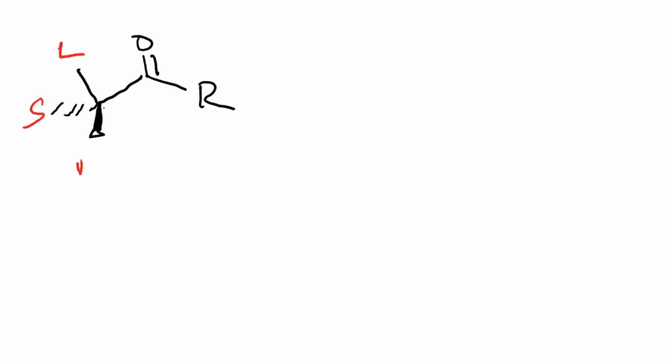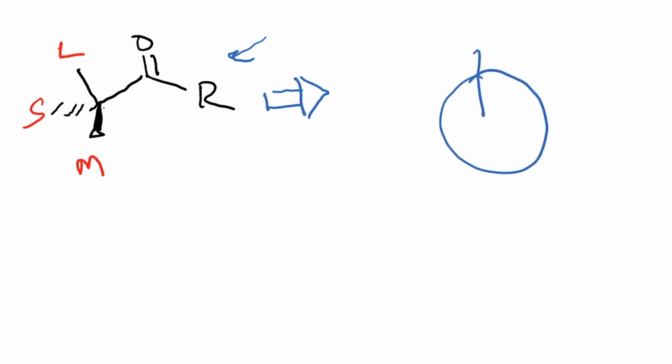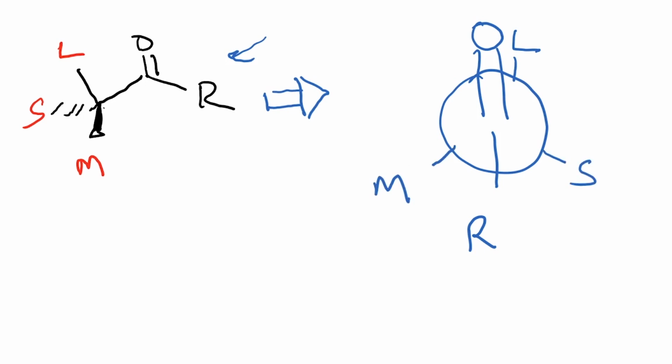Now the strategy moving forward is to look through this C double bond O R group and draw this out in the following way, which is the Newman projection, C double bond O, R. And exactly the way you draw it, the large group is always going to be on top. If I'm looking at it from here, the small group is going to be on the right and the medium group is going to be on my left. So this is how I would draw this.